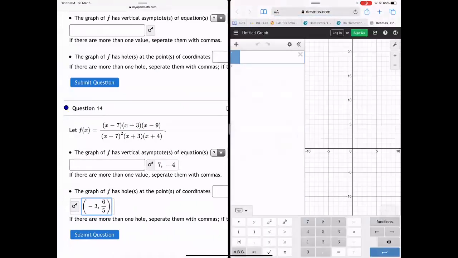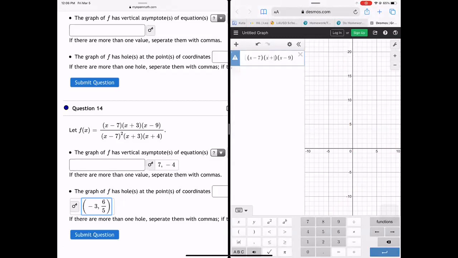I'm going to graph this original problem, and this is the last thing we'll do today. X minus 7, X plus 3, X minus 9, darn it, this didn't even come out.